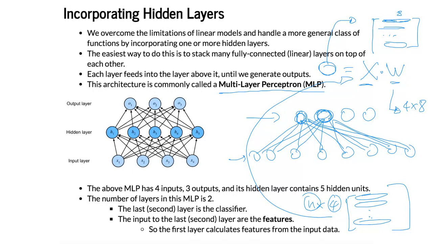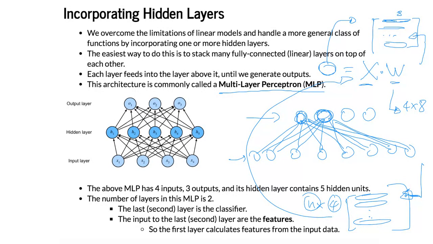So in X, each example is represented by 4 features, whereas in O, each example is represented by 8 features.